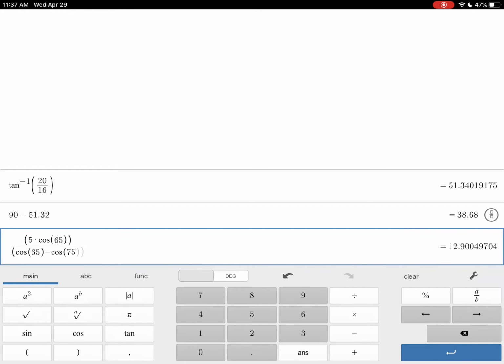So I can type this all into my calculator at once, and I get the answer of 12.9. I'm just going to double check I typed that in right.